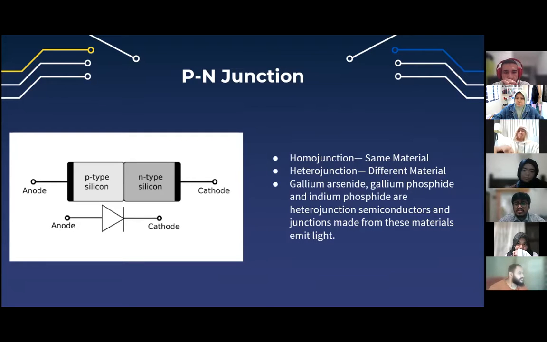The commonly used semiconductor materials, including silicon and aluminum, are simple elements, and junctions made from these materials do not emit light. Instead, junctions made from compound semiconductors, including gallium arsenide or indium phosphide, emit light.